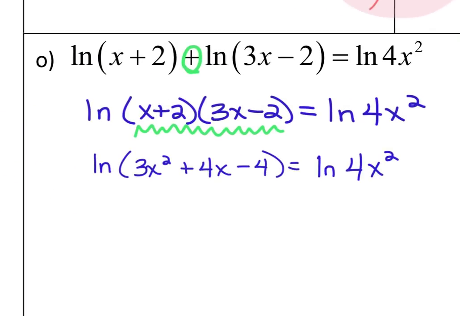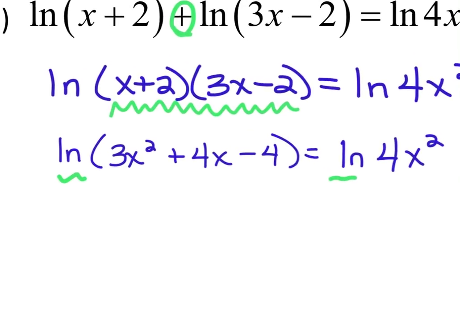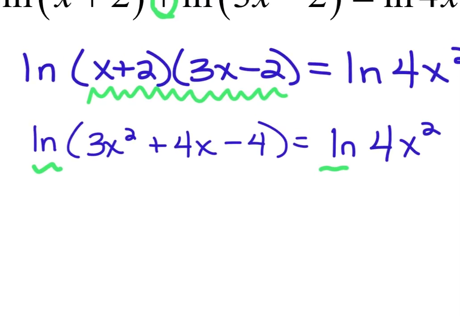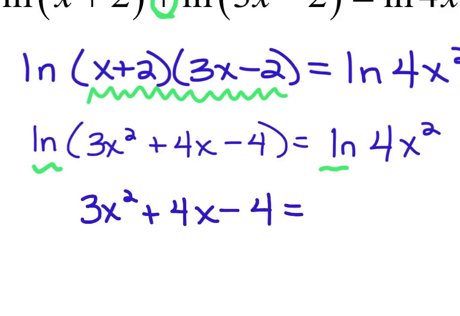And because now you have a single logarithm equals a single logarithm with the same base, you can drop the logs and just say here 3x squared plus 4x minus 4 equals 4x squared.